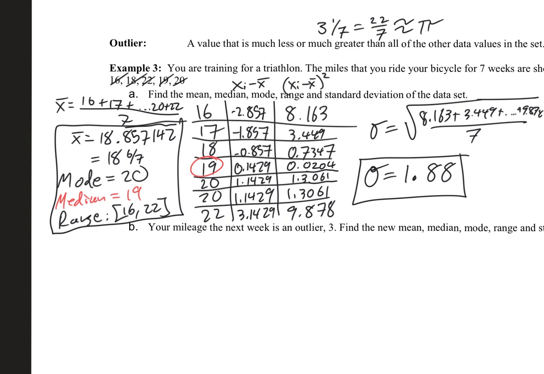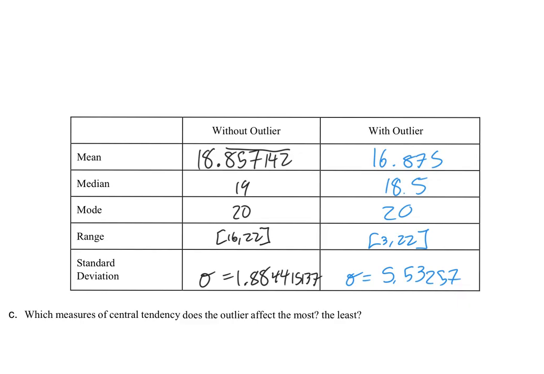Obviously, now you're going to have 8 terms, so your n isn't going to be 7 anymore. Now it's going to be 8. So work all that out, and then check back to see if you get the same answer as me. When you work all this out, I went ahead and copied all the data we had from the first problem here. This should be your new information: your new mean, median, mode.